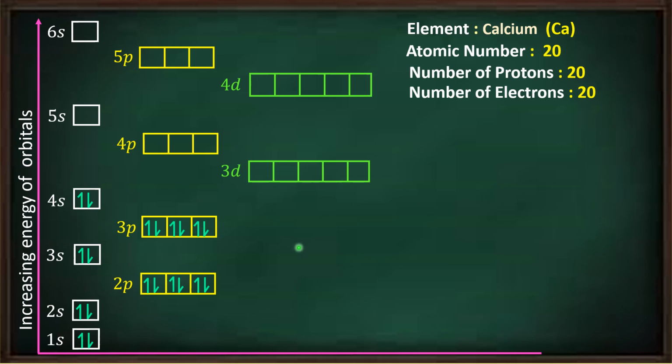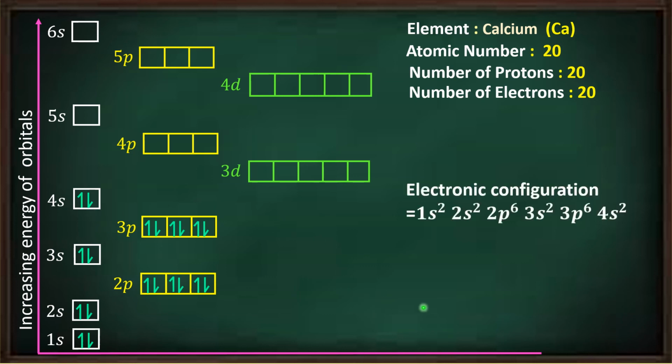So this is the distribution of 20 electrons of the calcium atom. What is the electronic configuration? 1s2, 2s2, 2p6, 3s2, 3p6, 4s2.